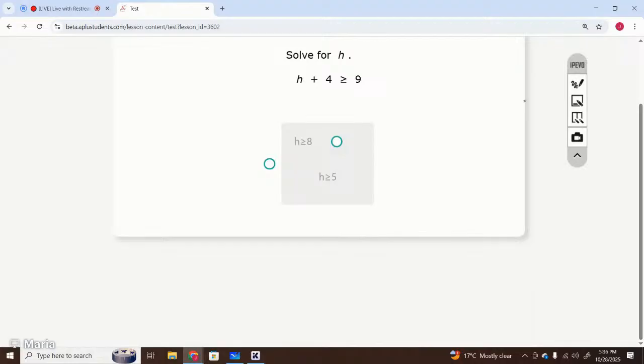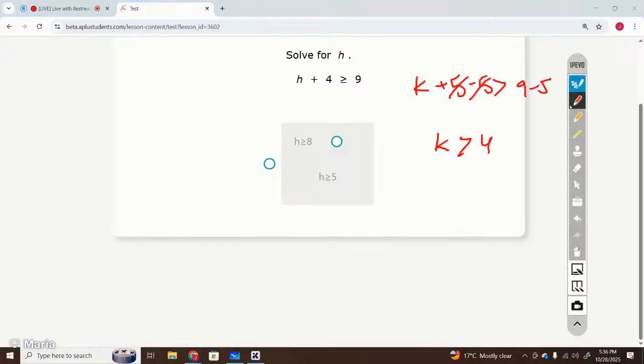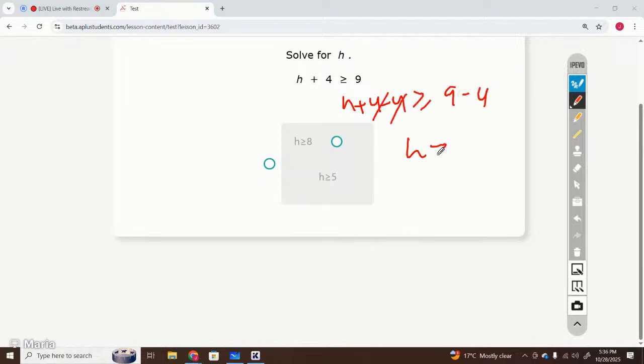Solve for h. h plus 4 is greater than or equal to 9. So subtract 4 from both sides. h plus 4 minus 4, 9 minus 4. So 4 minus 4 is 0. h is greater than or equal to 5.